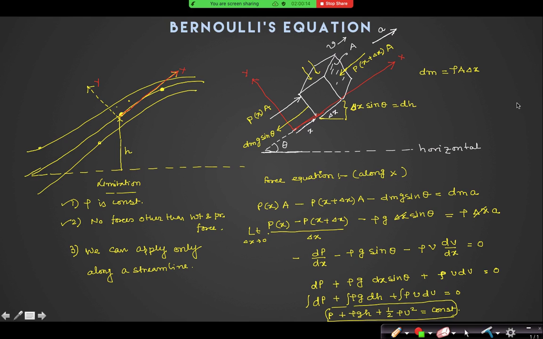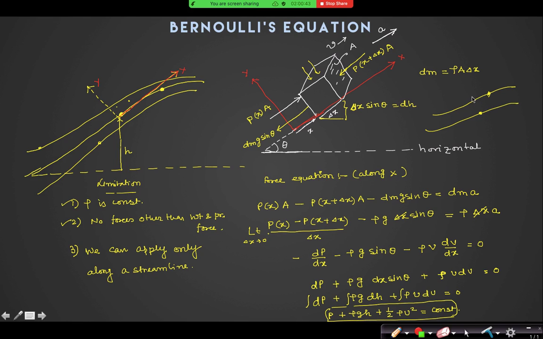But how can I do it between two streamlines? Suppose one point is here and another point is on the other streamline, just above this streamline. Can I integrate this equation for these two particles? No. The forces will be different due to the difference in levels.